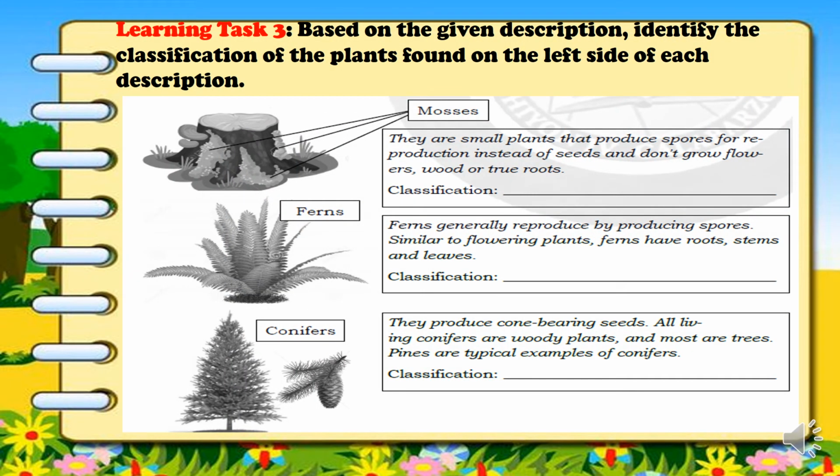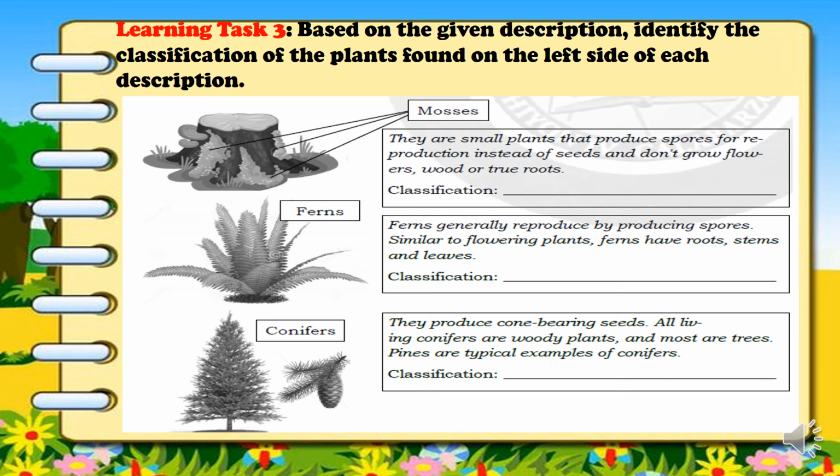And for learning task 3, based on the given description, identify the classification of plants found on the left side of each description. So we have the mosses, the ferns, and the conifers. What is the description of mosses? They are small plants that produce spores for reproduction instead of seeds and don't grow flowers, wood, or true roots. So you have to identify the classification of that plant.